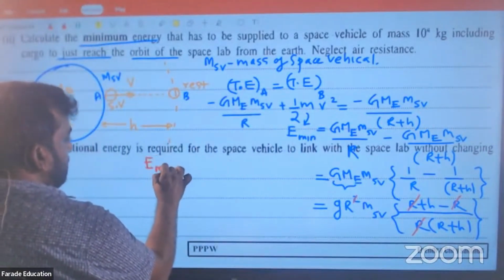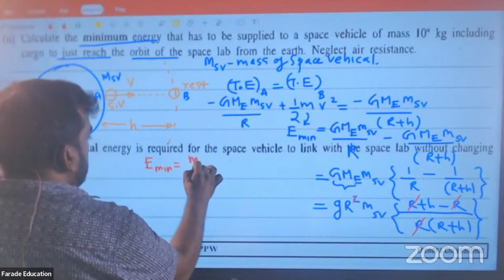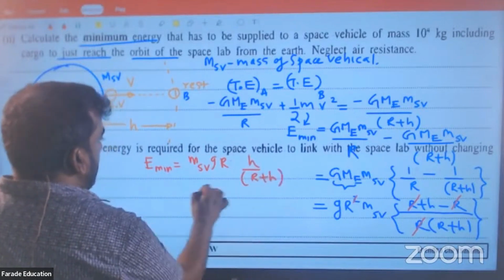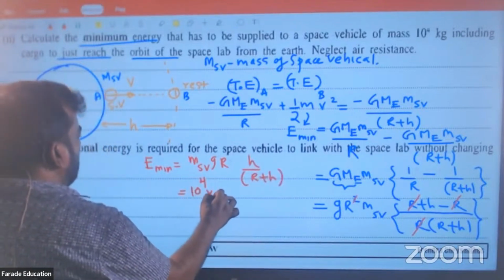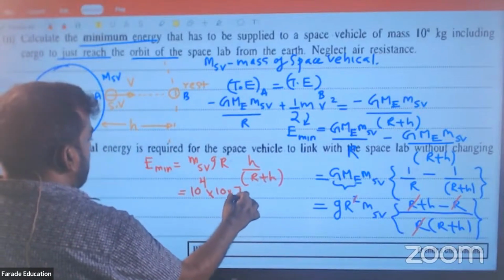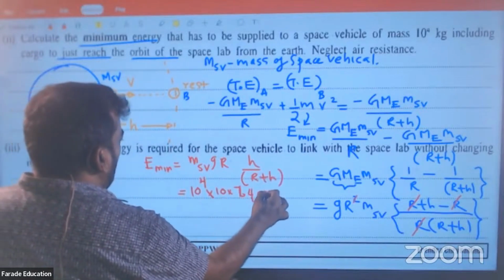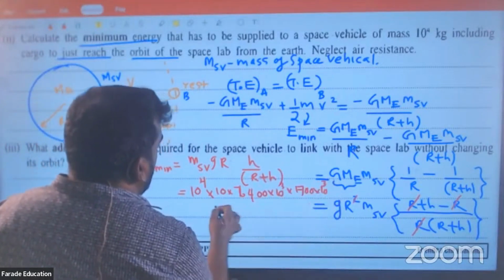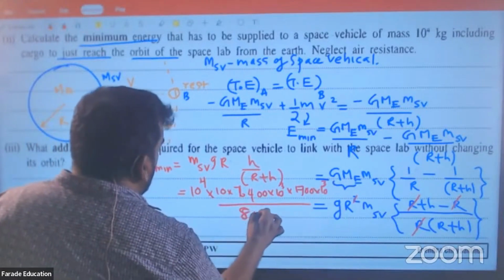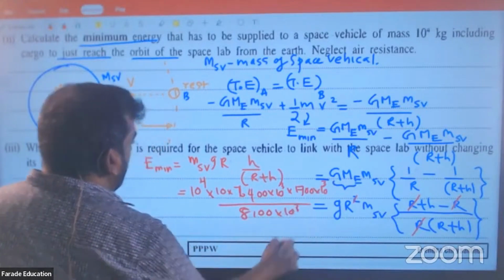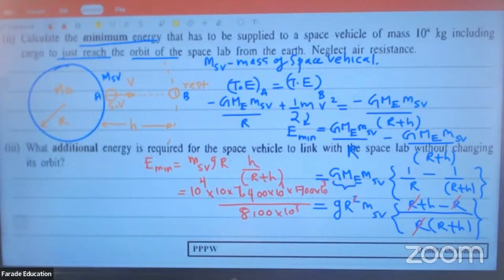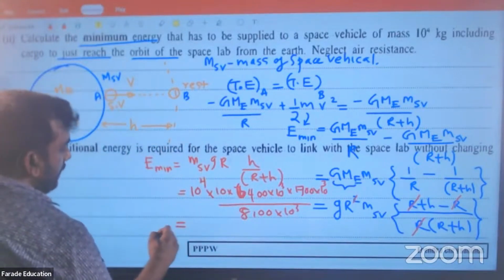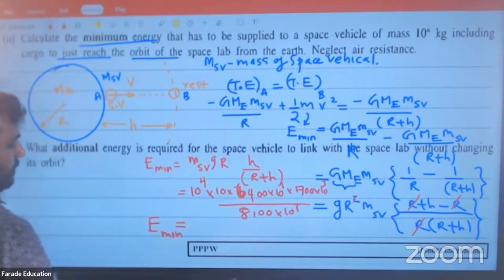Minimum energy here is m of the space vehicle times G times H times R plus H. Substitute: 10 to the power 4, G is 10, radius is 6,400 kilometers, convert to meters, 1,700 kilometers, convert to meters, divided by 8,100 kilometers, convert to meters. Simplify this.